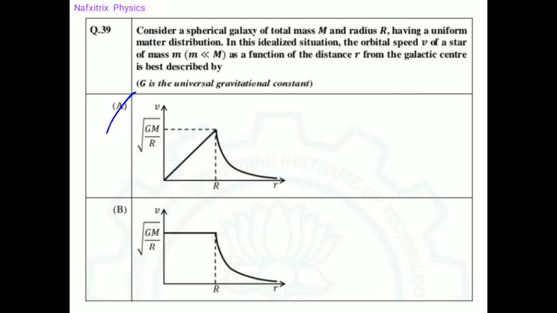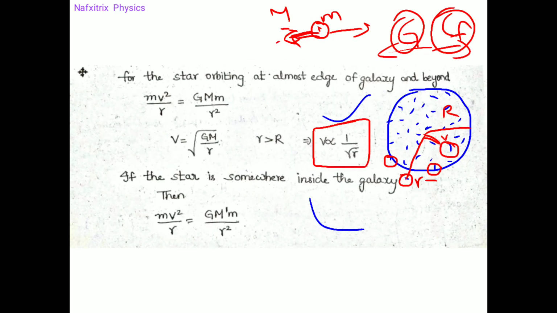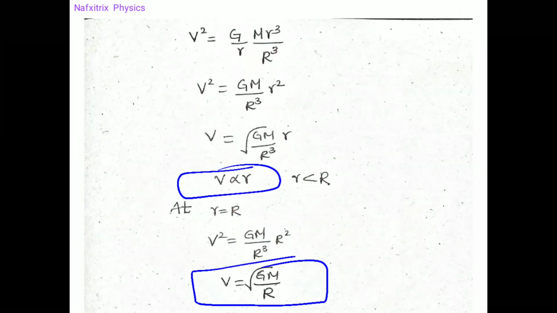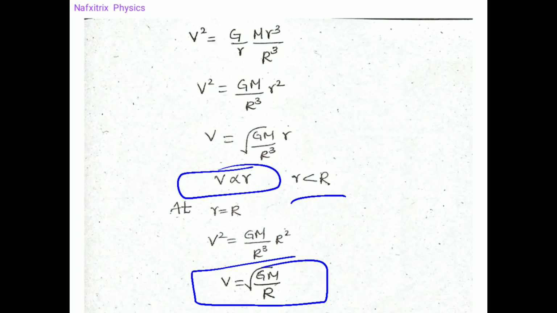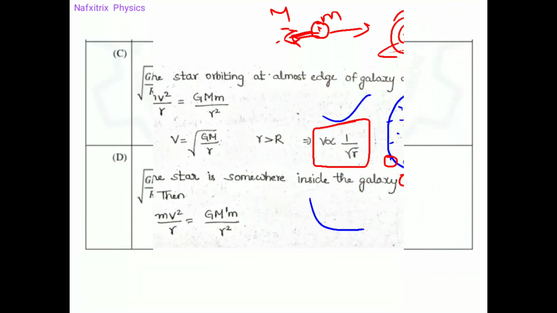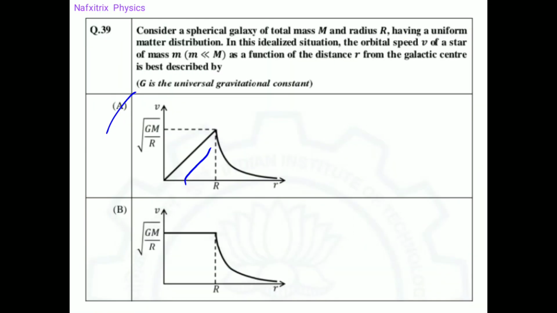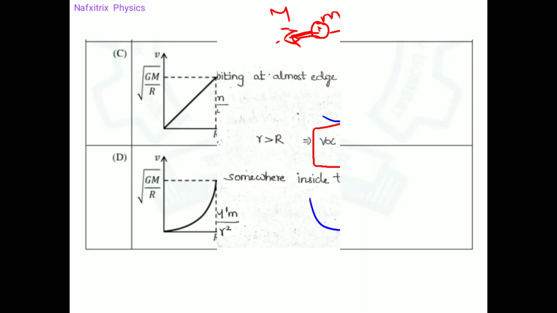So here you can see when small r is less than capital R, it is a straight line, as we have seen here. When r is less than capital R, v is directly proportional to r, and it is root G M by R when small r equals capital R. Next is the case when r is greater than capital R. That is 1 by root r, just as we have seen here.